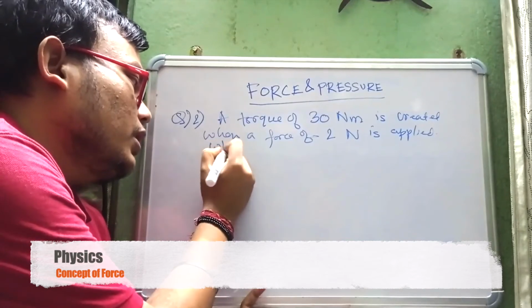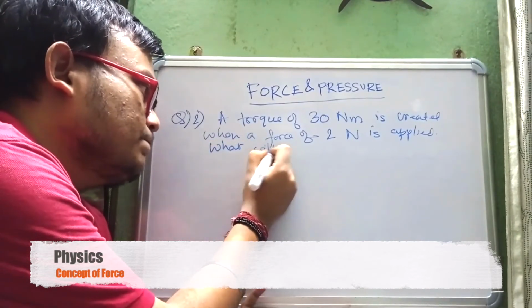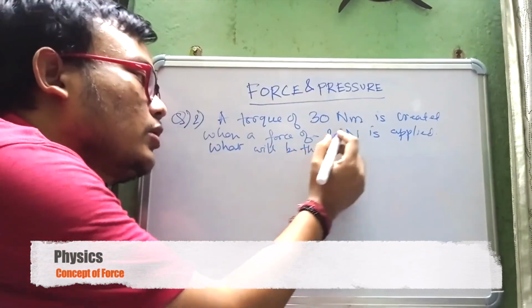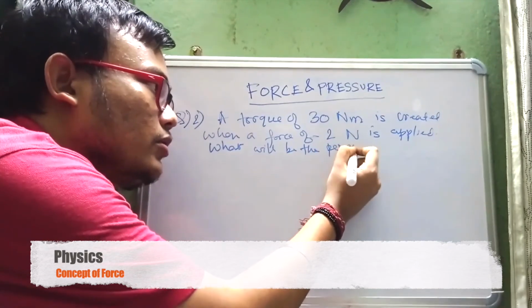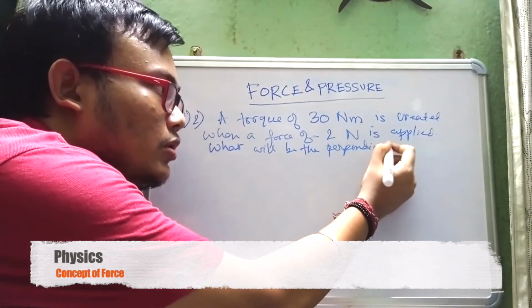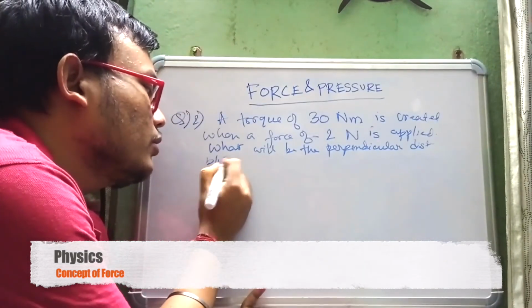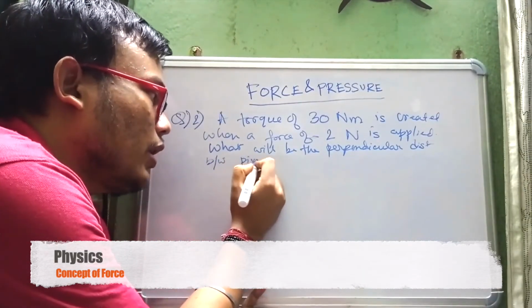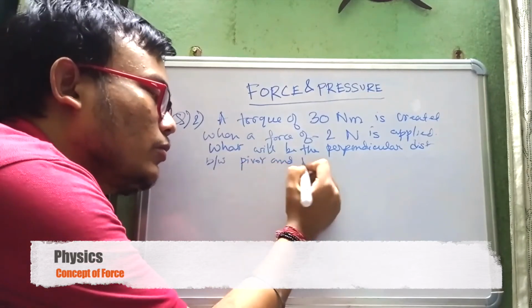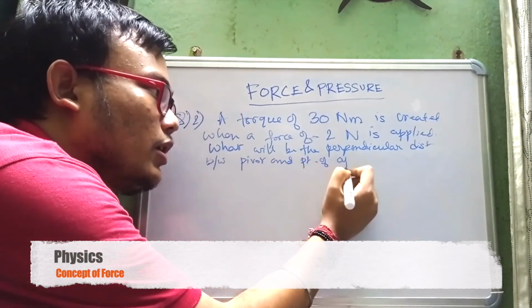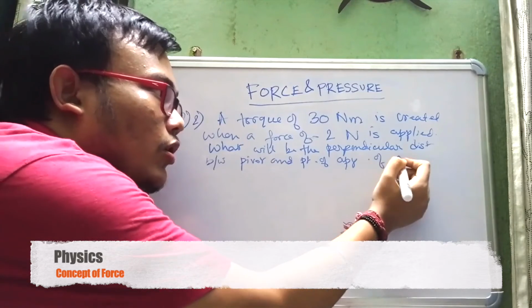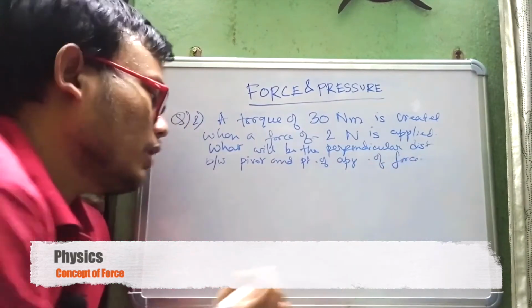What will be the perpendicular distance between pivot and point of application of force?